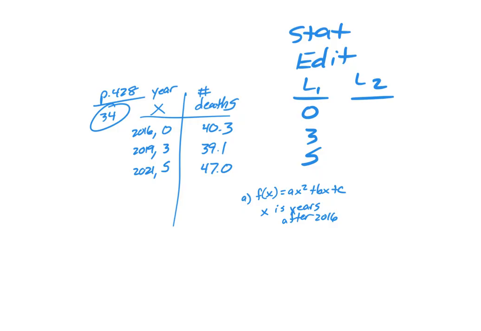Okay, and then under L2, we're going to put 40.3, 39.1, and 47. Your table might have a bunch of different data points, but in this case, we just have 3 data points. So we want to write an equation that represents all 3 of those data points.